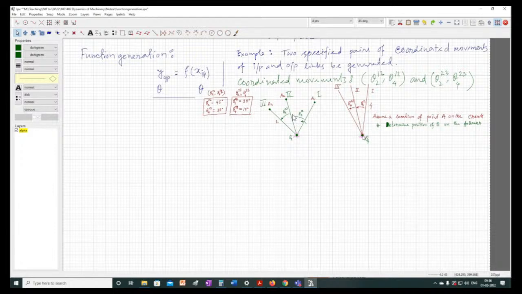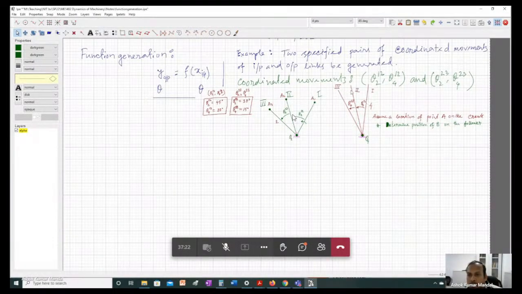Just think about that. Because point A is known to us, we have to locate point B somewhere on this.